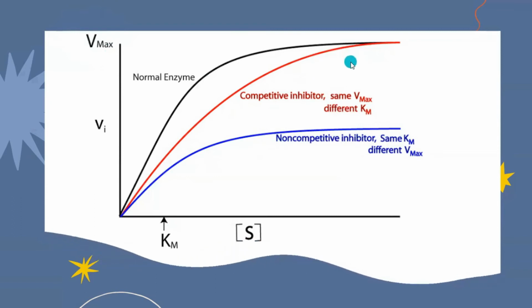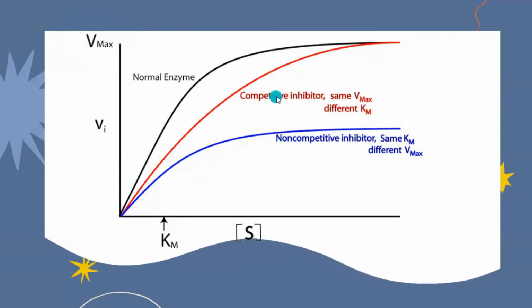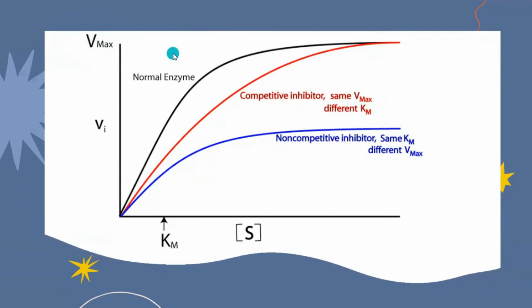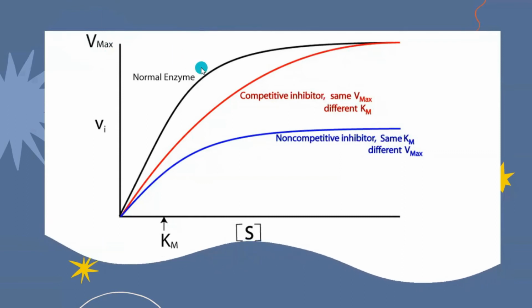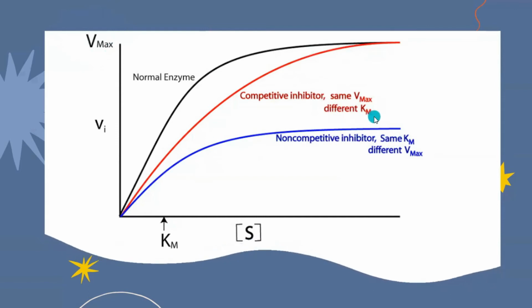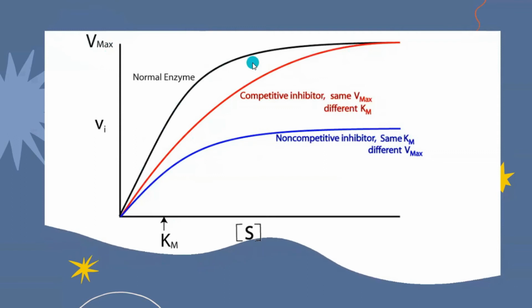I-compare natin yung Vmax tsaka Km nila. Yung competitive inhibitor, si Dominic, same sila ng Vmax ni Gerald or nung goal na Valentine's Day, pero magkaiba sila ng Km. Kumbaga, mas madaming correlate moments si Gerald, si Dominic mas konti.